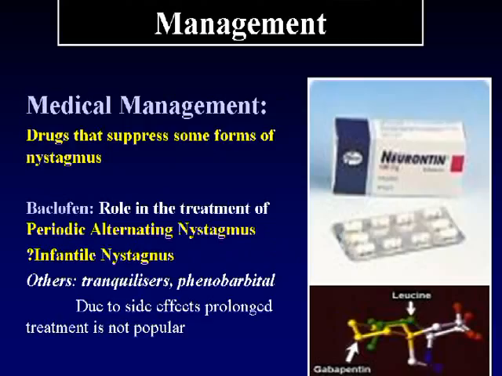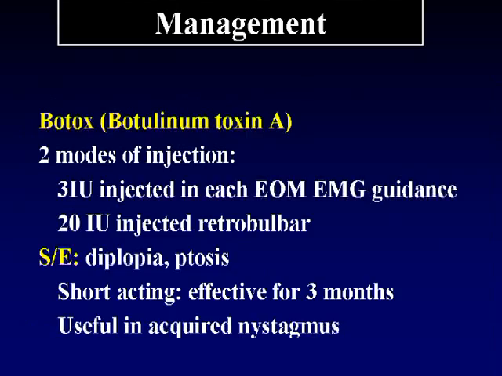Medical management: there is a fair amount of interest in medical management, particularly in secondary nystagmus or those associated with neurological disorders. However, for infantile nystagmus syndrome, as of now, pharmacological intervention has not been found to be very beneficial in these patients. Botulinum toxin is one of the options. The unfortunate problem with that is, of course, that it is a short-acting procedure.